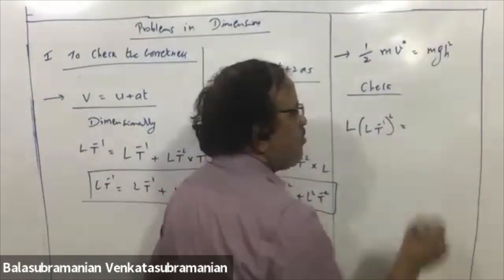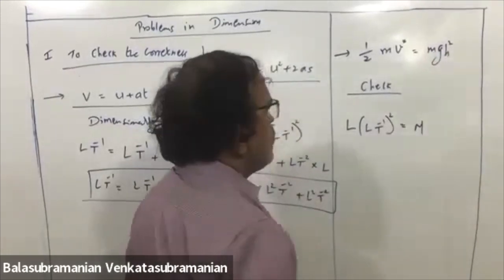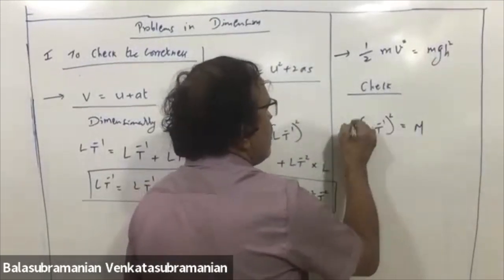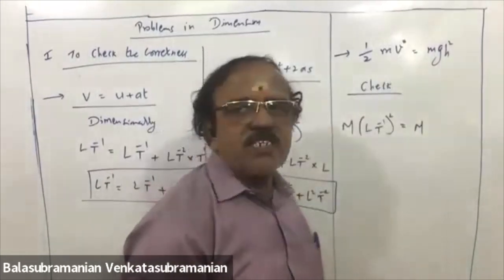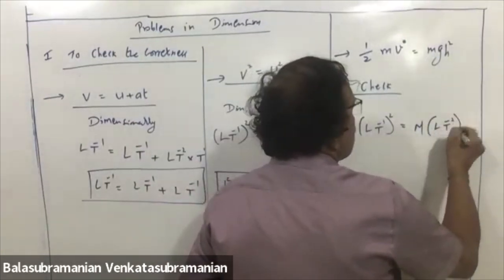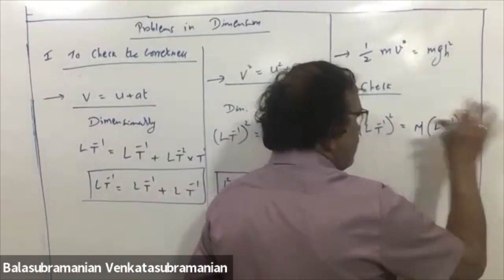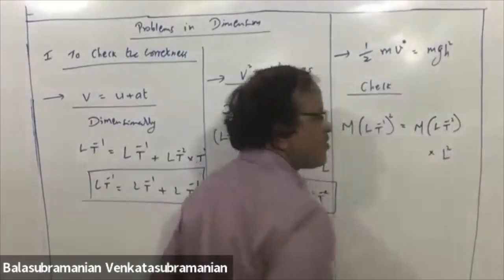Right hand side M, capital M. G, acceleration due to gravity, LT power minus 2, H square L square.